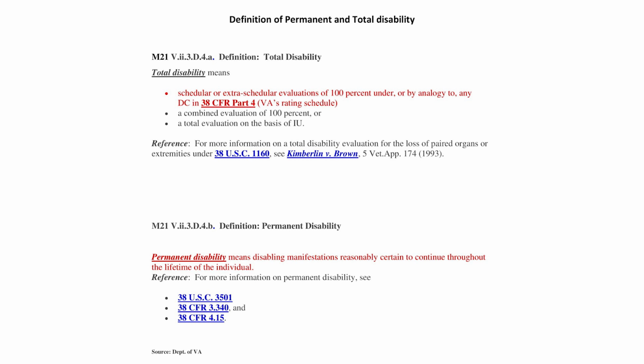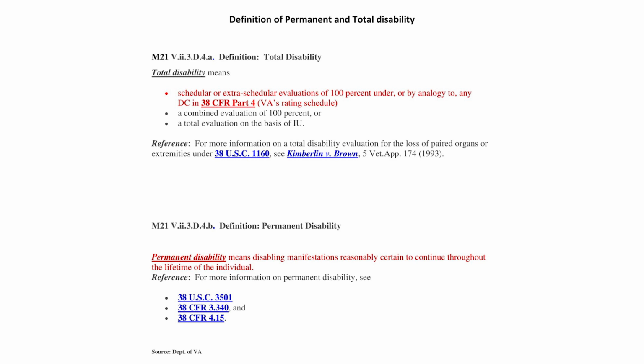All right, now permanent disability is defined as disabling manifestations reasonably certain to continue throughout the lifetime of the individual, meaning permanent.